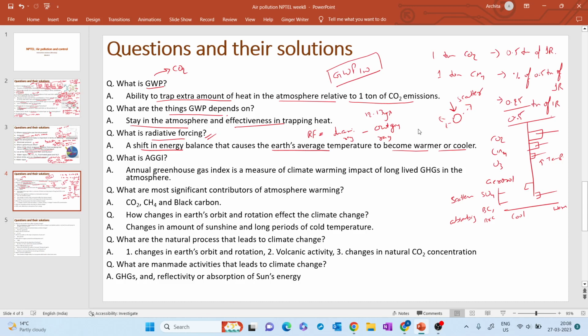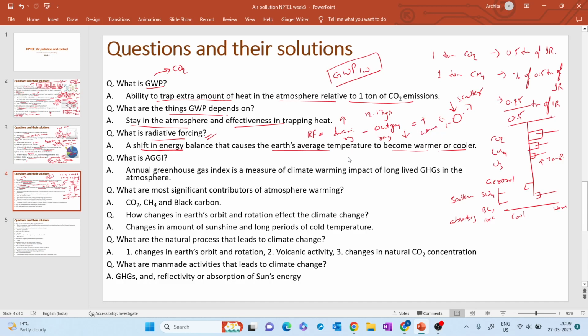Whatever is incoming, some of it will be absorbed, the other will be scattered or reflected back. So if the absorbing one is high, or the incoming is high and the outgoing is low, it means the rays come, they get absorbed, so the rays going back are fewer. What will it cause? It causes warming.